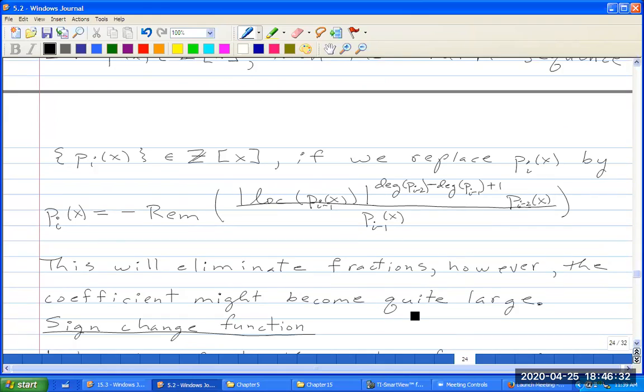Basically, so that this won't involve a fraction. So this will eliminate fractions. However, the coefficients might become quite large.